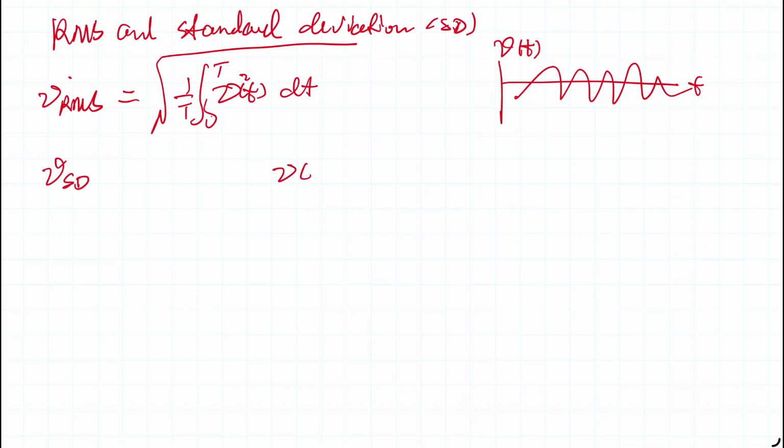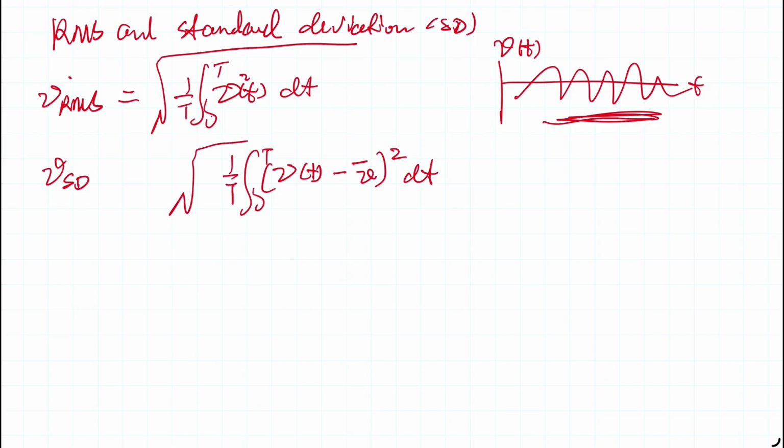Then what's the definition for standard deviation, V sub SD? Similar to that, we take the signal V(t) and subtract V bar, the mean, the average of this signal, and we square it and integrate from 0 to T, take the mean, and take the square root. That's the standard deviation.